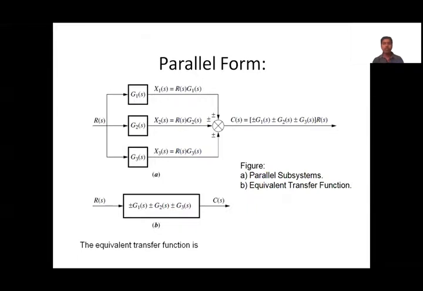Therefore, the output is the sum of these three, or if you take R common, R times G1 plus G2 plus G3. Therefore, the overall transfer function is the sum of these three subsystem transfer functions. So finally, it is G1 plus G2 plus G3. Of course, the plus or minus depends on the signs of those blocks at the summing point.